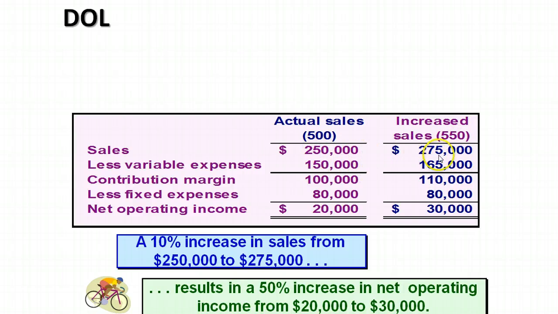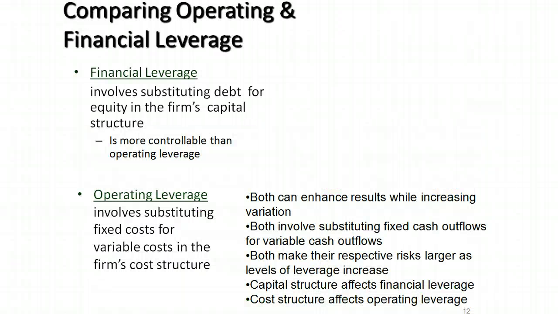And we have an increase in sales and variable and contribution margin. So a 10% sales increase from 250 to 275 changes operating income, or EBIT, from 20,000 to 30,000, which is a 50% increase. All right, so that's the idea behind the degree of operating leverage.